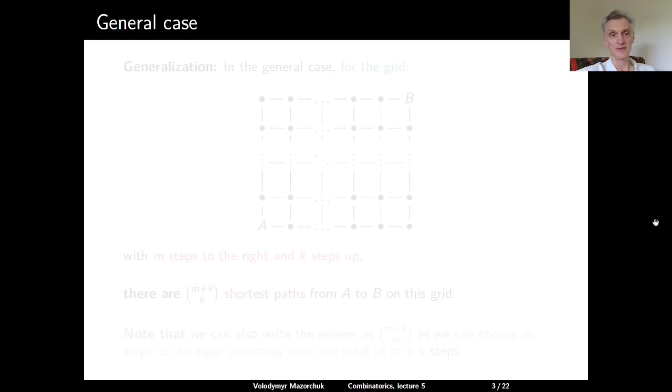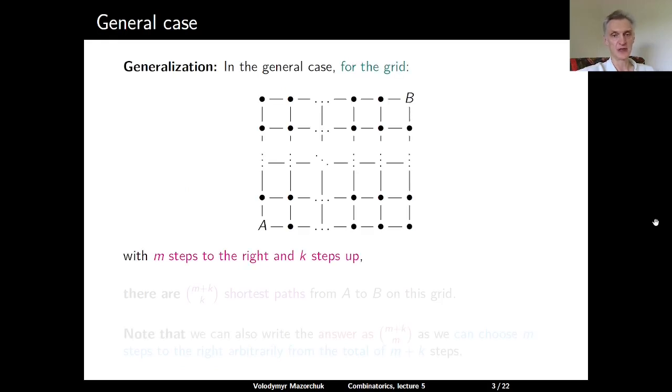A more general variation is when we have a similar grid which now has m horizontal steps and k vertical steps. Again, we have the southwest corner called A and the northeast corner called B. Then, if we want to go from A to B in the shortest possible way, we need to make m steps to the right and k steps up.